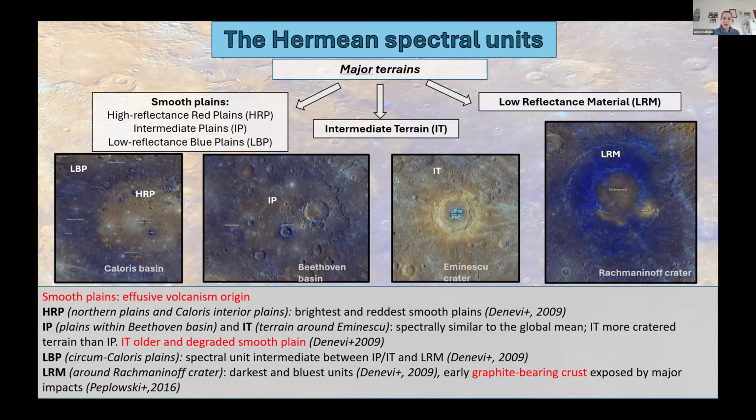Then we have another major terrain, the intermediate terrains, which are spectrally similar to the global mean, such as the intermediate plains, but they are more cratered. So they are probably older and degraded smooth plains.